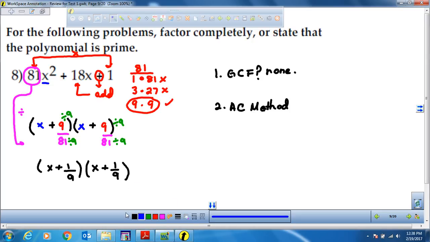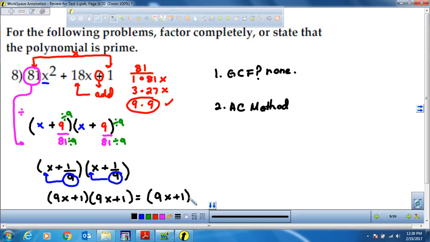What do we do to finish this process? The denominator of this fraction, we put in front of the x, and the same for that one. So my two factors will be 9x plus 1 times 9x plus 1, but since we got the same factor repeated, we can write it like this: 9x plus 1 squared.